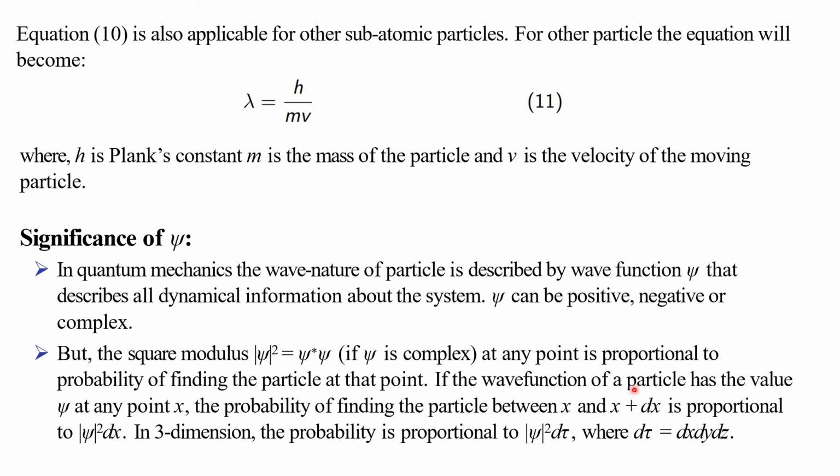If the wave function of a particle has the value psi at any point x, the probability of finding the particle between x and x plus dx is proportional to psi squared dx. In 3 dimensions, the probability is proportional to psi square d tau, where d tau is dx dy dz.